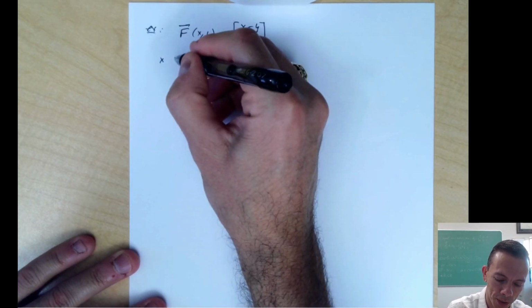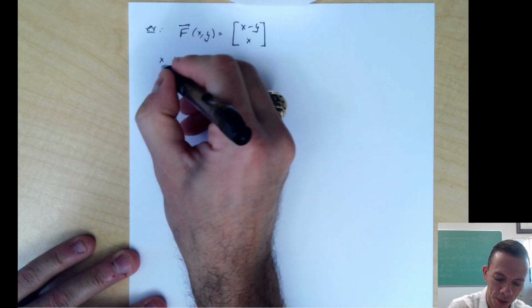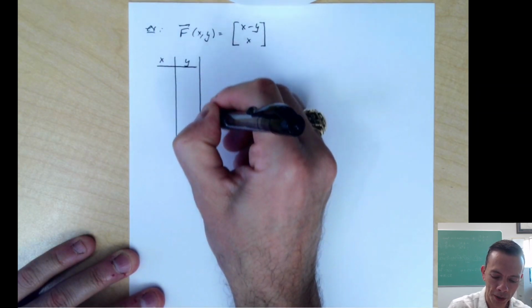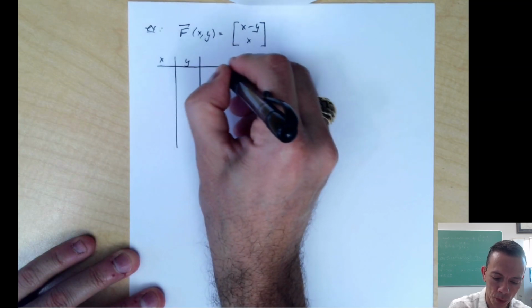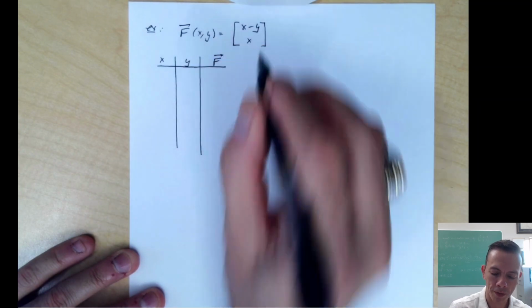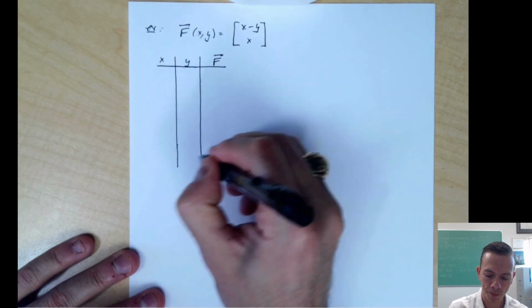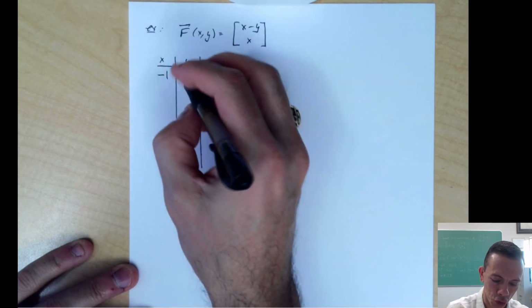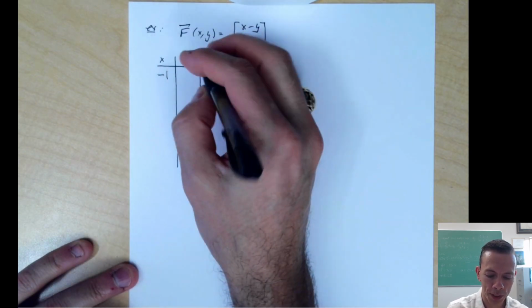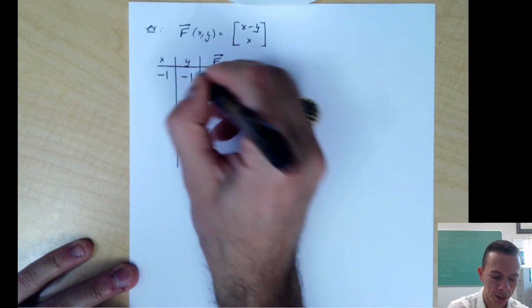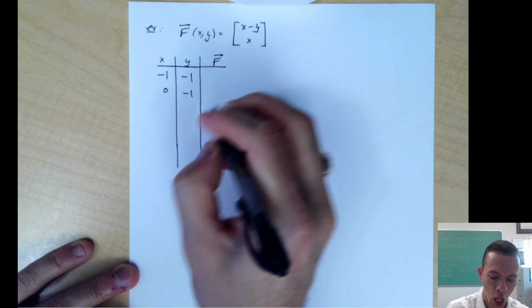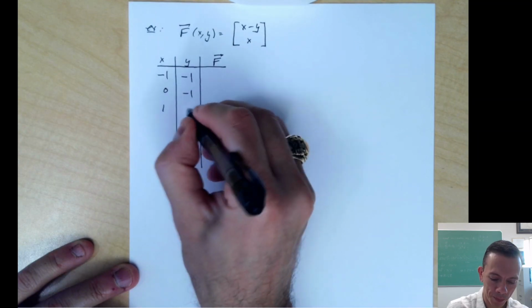So for inputs, we need to choose pairs xy. And for every pair xy, we're going to get an output, which is the vector f. So we can take a grid of points. I'm going to choose a grid of 9 points from -1 to 1, stopping at every integer in x and y.